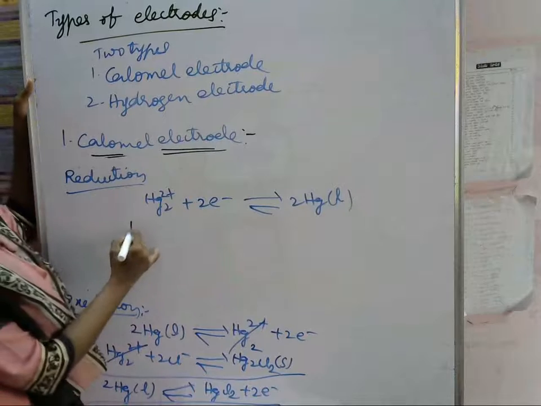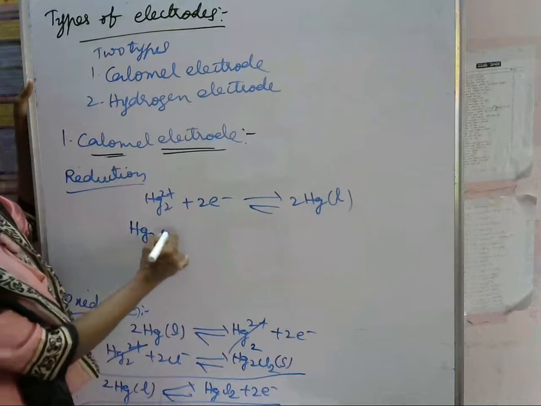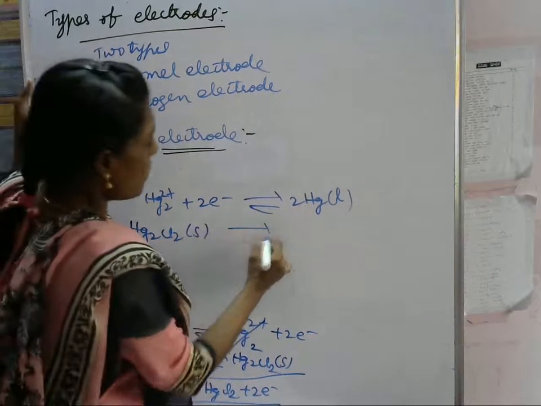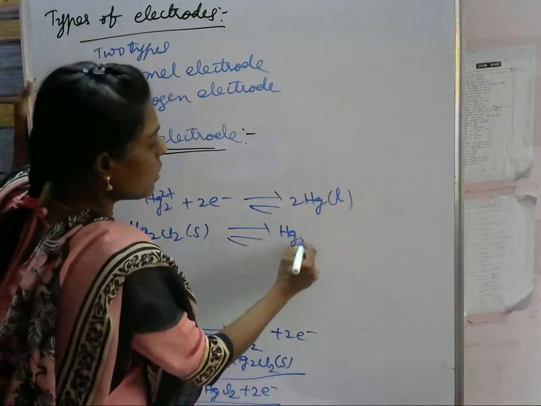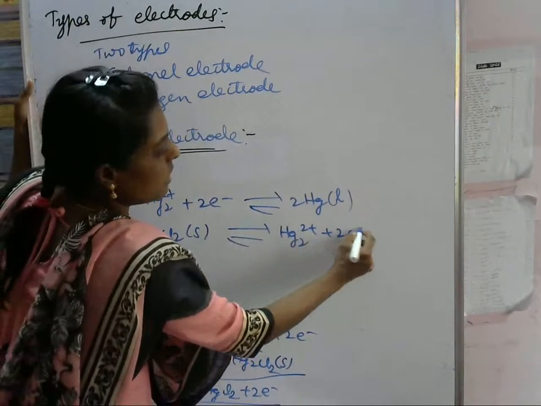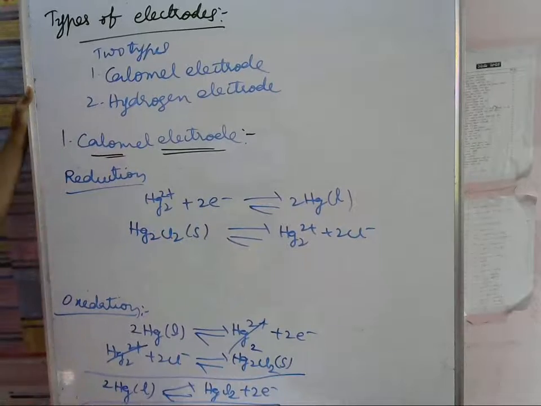And here Hg2Cl2 is converted into Hg2 2+ and 2 Cl minus.